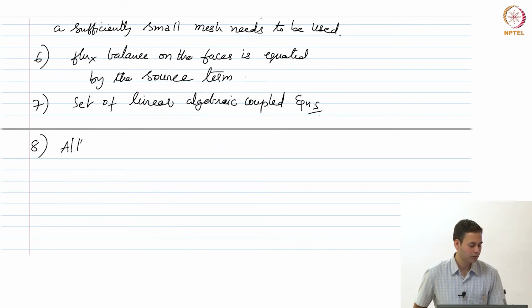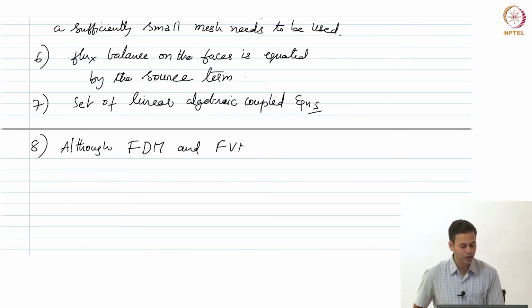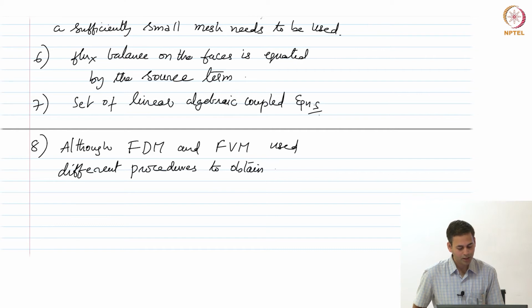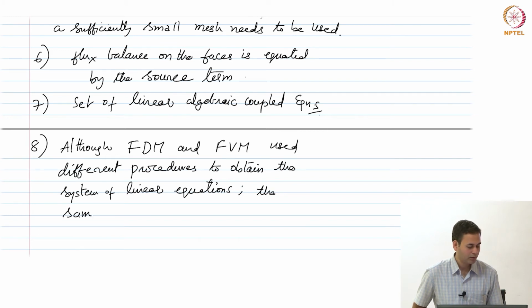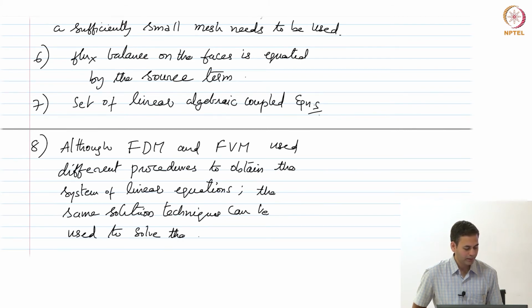Few more comments, sir. Although the finite difference method and the finite volume method use different procedures to obtain the system of linear equations, the same solution techniques can be used to solve the resulting system.